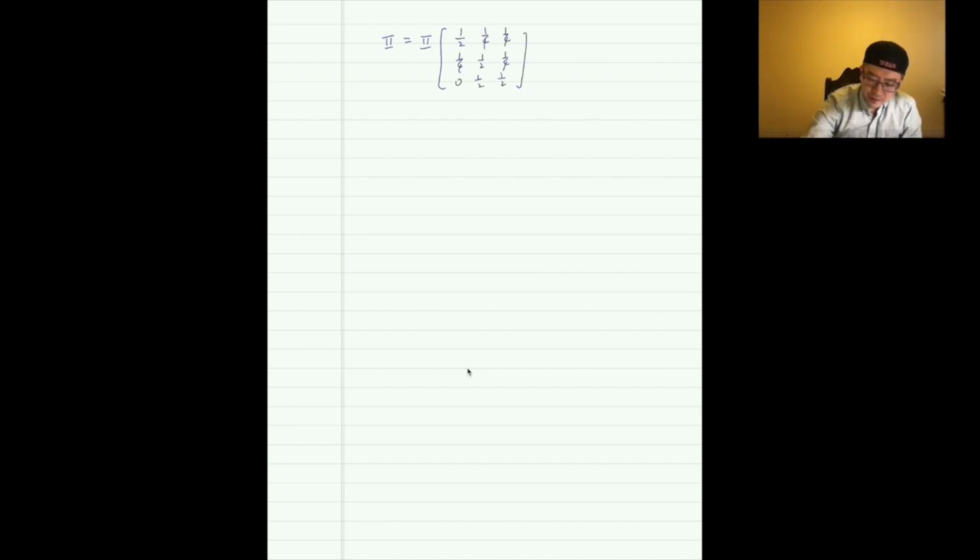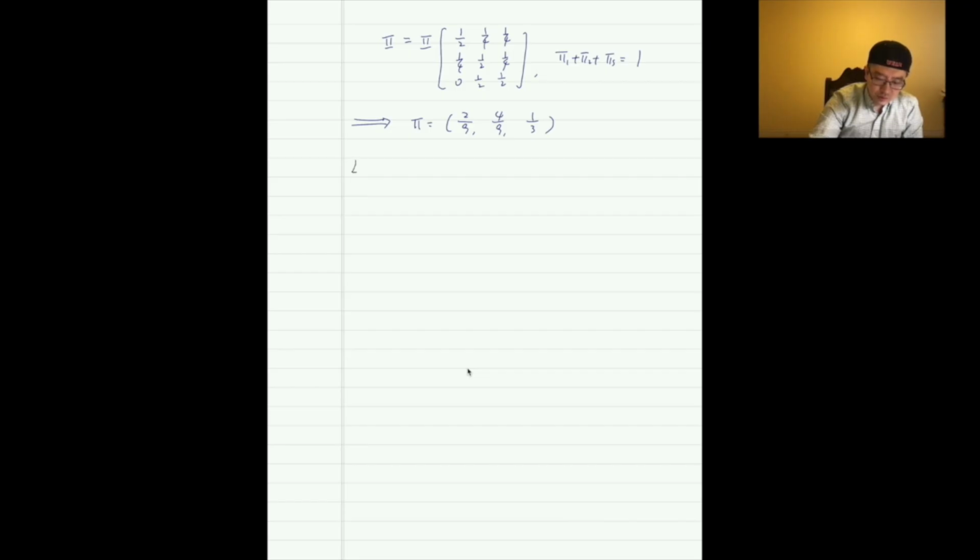Remember that the probabilities of the three states add up to 1. Solving these equations, we obtain pi equals 2/9, 4/9, and 3/9, which is 1/3.